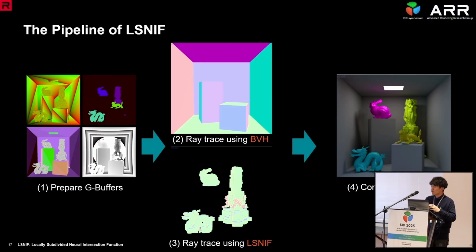Finally, we combine the ray's hit information for these two phases and achieve the final shading results. This pipeline may not be the most optimal in terms of computational complexity, but it should be well aligned with the modern GPU architecture and programming model.